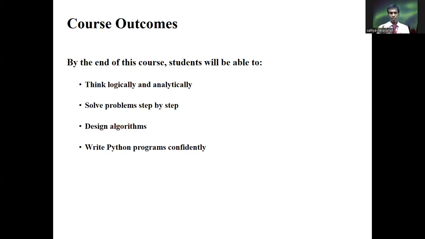After defining the problem, we analyze it and understand how exactly it is to be dealt with, using problem solving techniques, solving it step by step, and designing the algorithm as well as the flow chart. Pseudocode comes under this. And writing the program with confidence. These are all the points to be achieved.